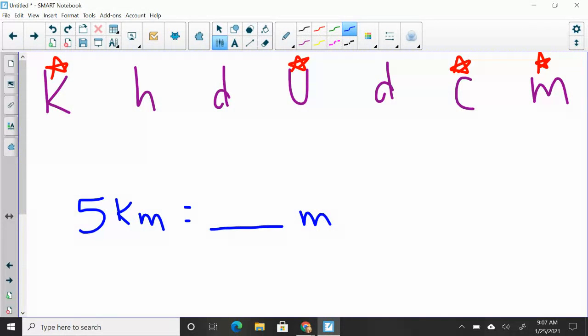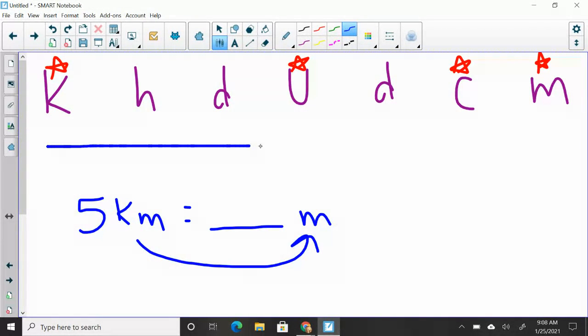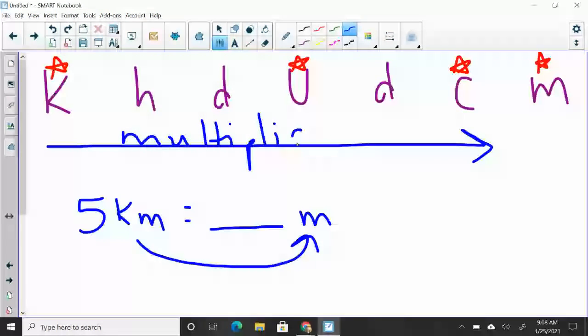How am I going to go from kilometers to meters? Well, if I'm looking at this chart up here, when I am going to the right, I am going to be using the operation multiplication, okay? When I'm going from kilometers over to meters, this meters is going to be my base unit, I'm multiplying.